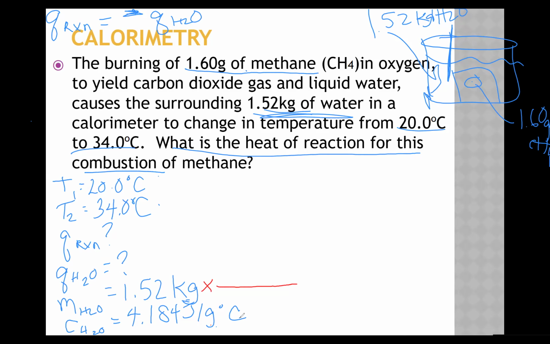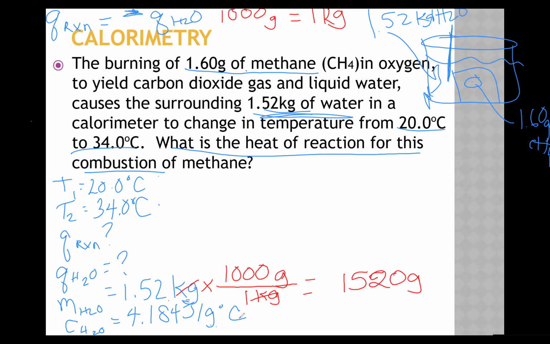Now I know that there are 1,000 grams for every 1 kilogram. So I'm going to use that conversion factor here. I want grams, so the grams go on top. I want to get rid of kilograms, so kilograms go on bottom. I know there are 1,000 grams for every kilogram, so my kilograms cancel, and I get 1,520 grams of water.